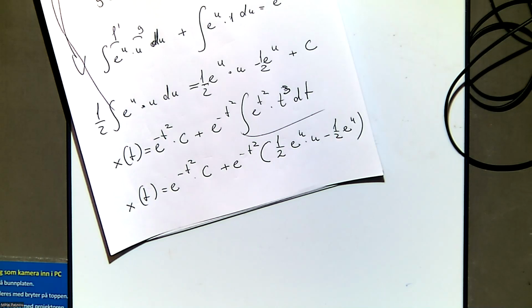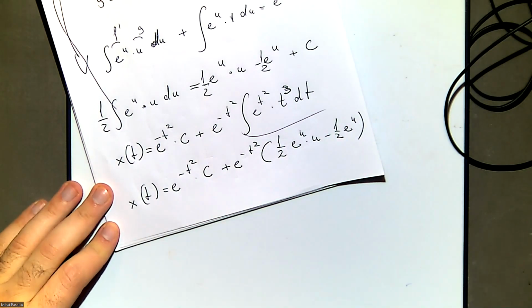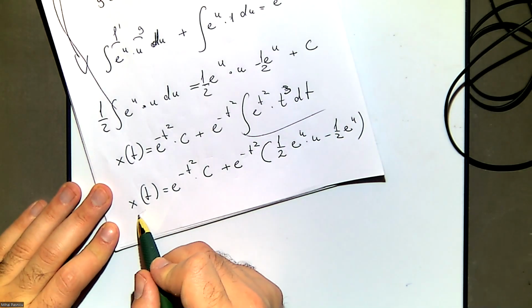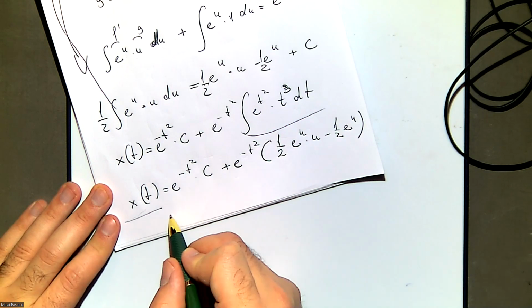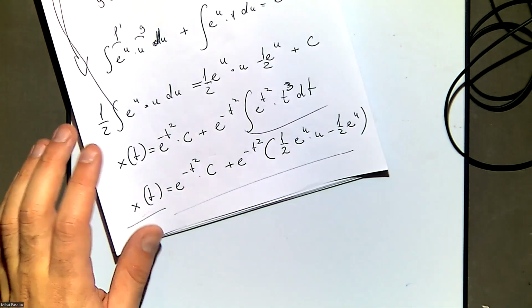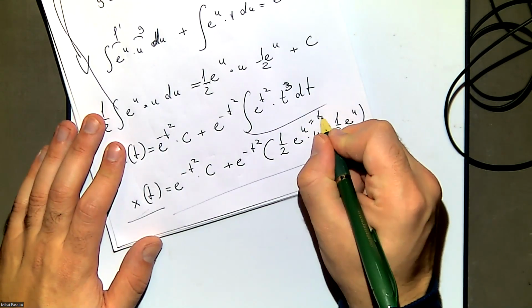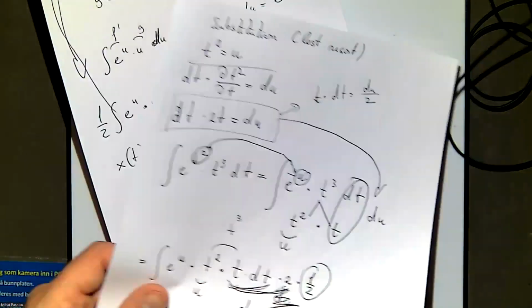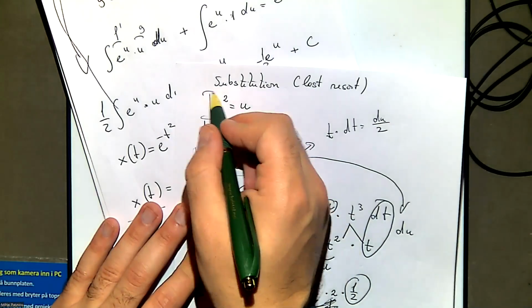The answer is no, because when you're dealing with substitution and you don't have limits of integration, you can't have bananas and apples combined, right? If I have t here, I need to have everything with respect to t. So I'm going to replace u with t squared, from my original substitution. That's the last step.